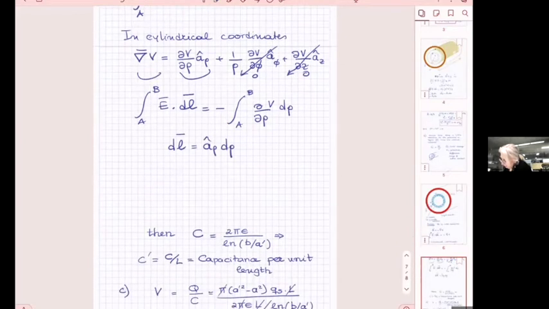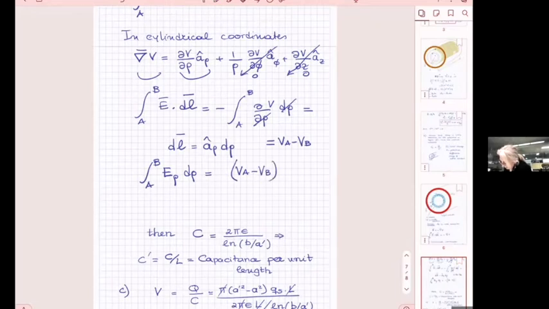And so this one is going to give us V A minus V B. And then we have that from A to B, E sub rho d rho is going to be plus V A minus V B.